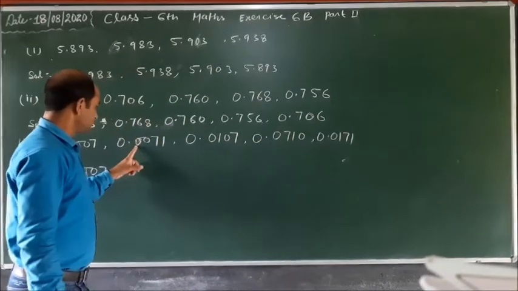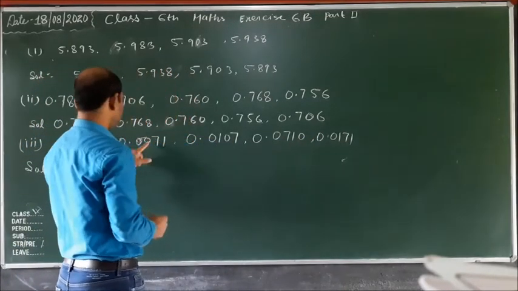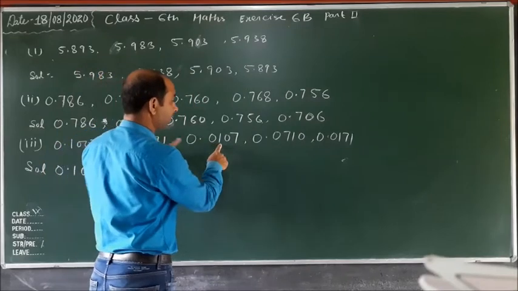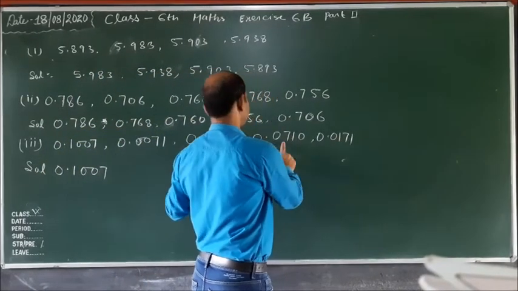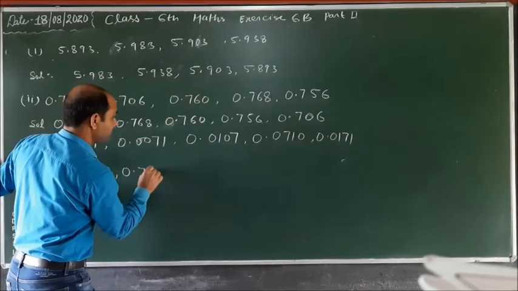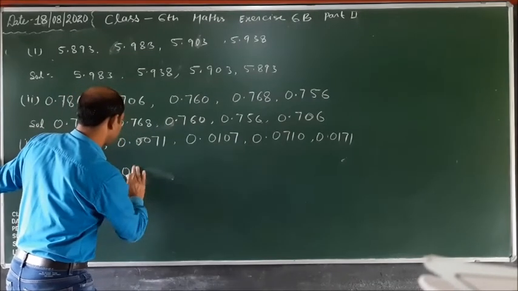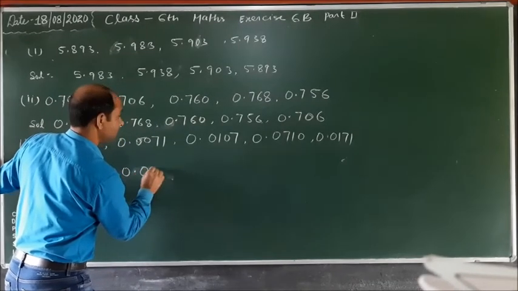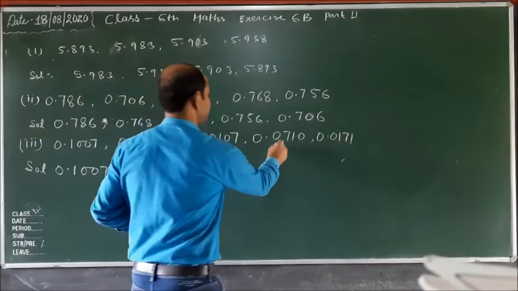After the tenth and hundredth place: 0, 1, 7 and 1. So this number is greater. So we write here 0.710. Sorry, 0.710.